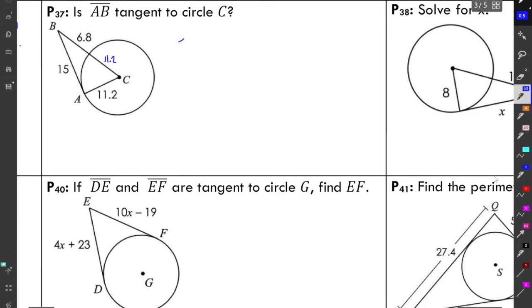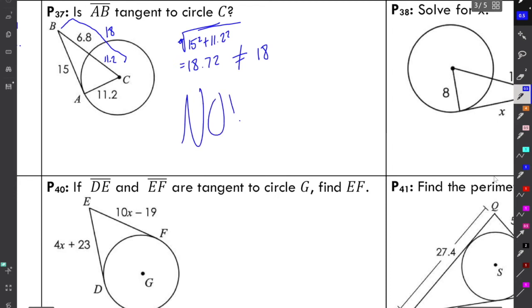We'll see if they equal... Let's see if they equal 18, right? Square root of 15 squared plus 11.2 squared in my calculator gives me approximately 18.72, which is not equal to 18, so big no, and we're done.